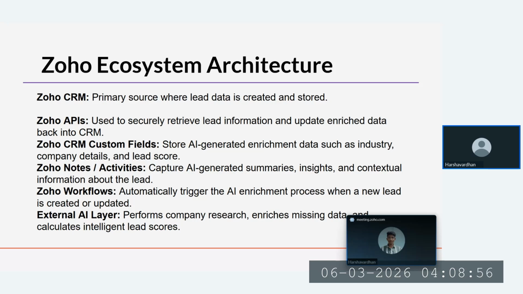We can fetch the leads into a Zoho sheet where we have the Zoho ID of the company, name of the company, and the email of the company. These three fields are the most important fields for running the lead enrichment system.